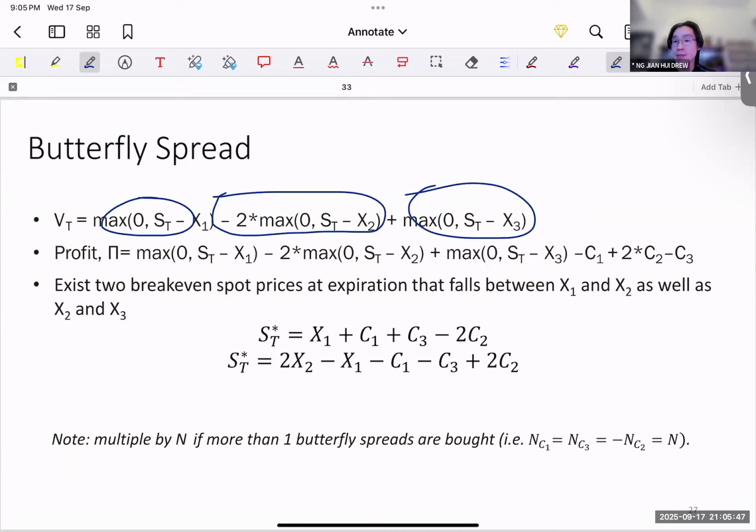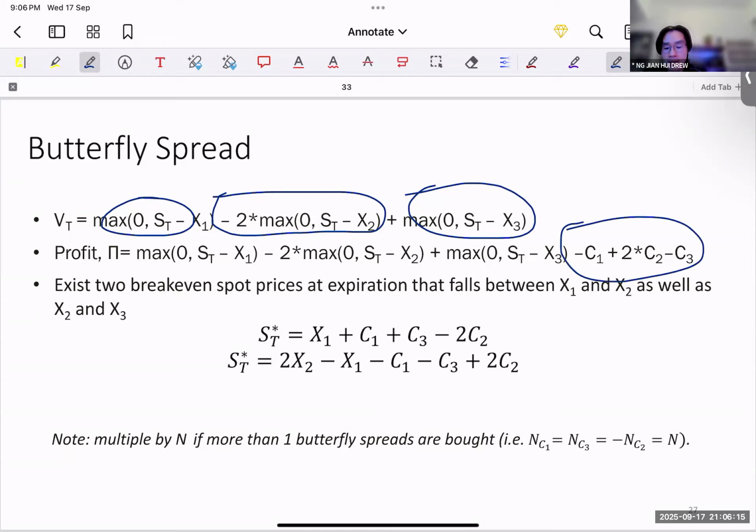So given that it's a spread strategy, like what James was talking about with the put spread strategy, a spread strategy basically gives you returns, right? What we're trying to get is returns. So our profit is the value of our spread at expiry less any cost relating to this, right?